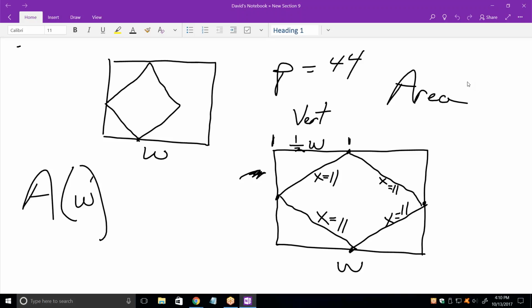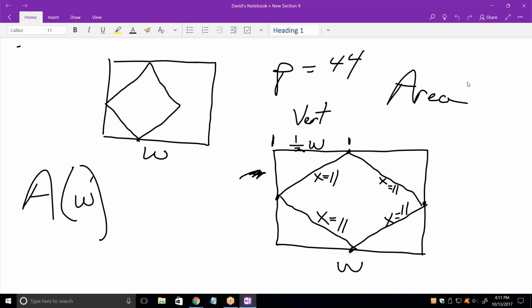Yeah, for sure. A rhombus is inscribed in a rectangle that is W meters wide with a perimeter of 44. Hold on a second. The perimeter of the rectangle is 44. A rhombus is inscribed in a rectangle that is W meters wide with a perimeter of 44. Ah, okay.